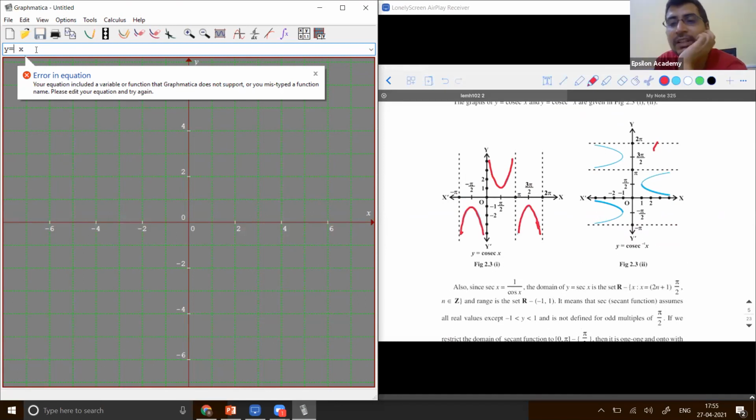This is the graph of cosecant x, and this is the graph of cosecant inverse x. Okay. Now tell me one thing. Where should I restrict the values so that cosecant x becomes a one-to-one function?